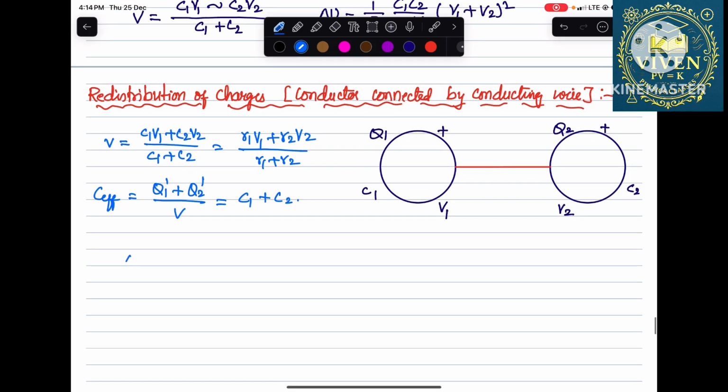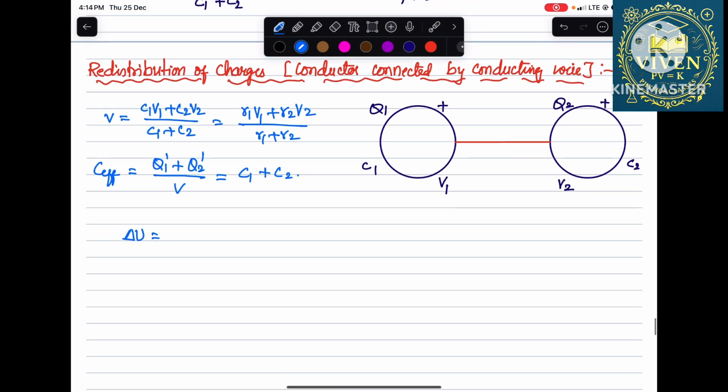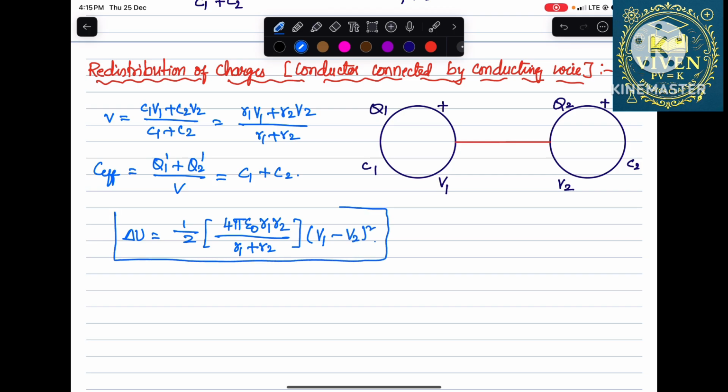And the change in the potential energy stored because of this conducting wire is given by half into 4 pi epsilon naught, in terms of their radii, R1 R2 by R1 plus R2 into (V1 minus V2) whole square. So this is the formula we can use for such models whenever they are asking you such questions to solve.